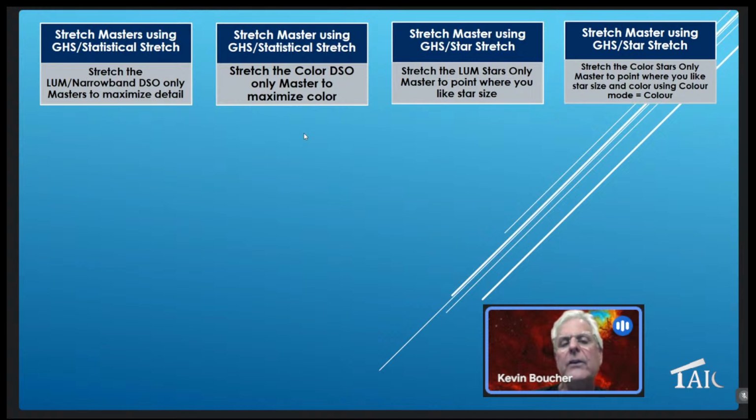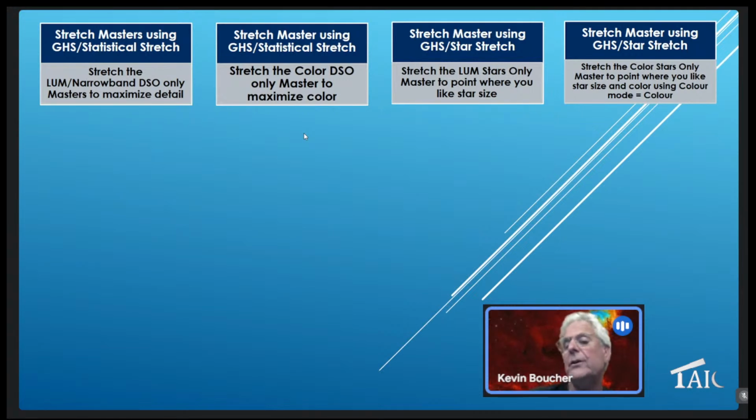In the case of the color DSO, I'm stretching really to maximize the color in the image before I combine everything again. In the case of the luminance stars only master, I like to stretch to the point where I like my star sizes and the amount of stars that are in that image.